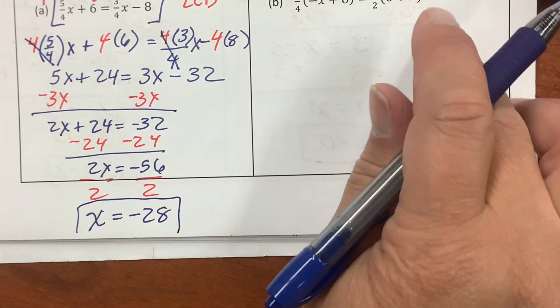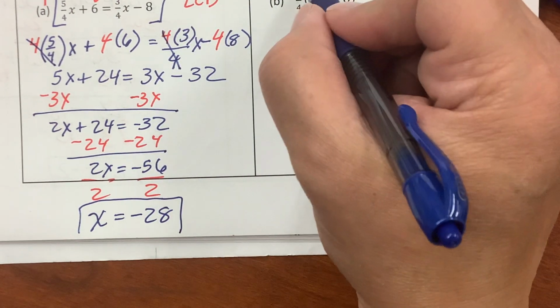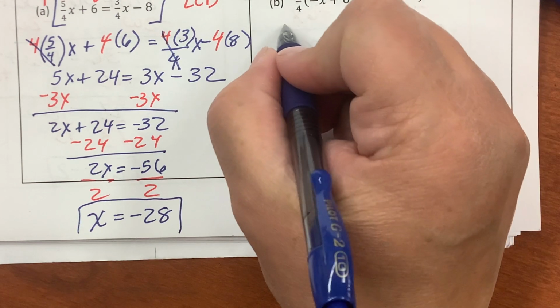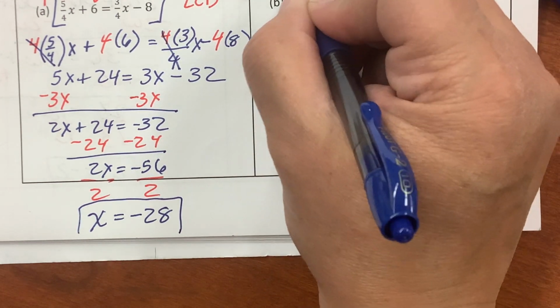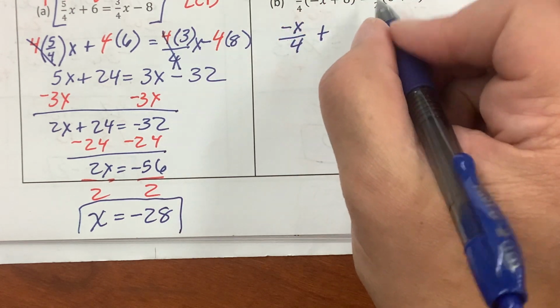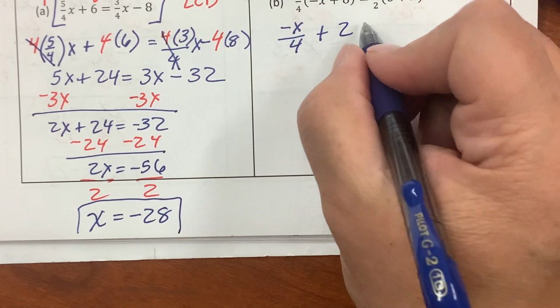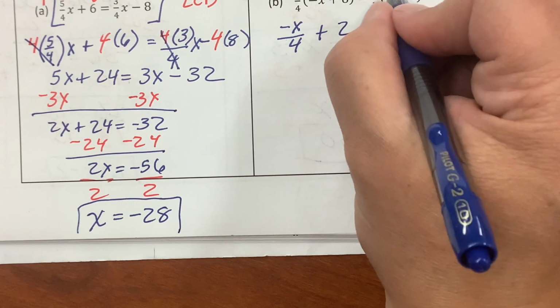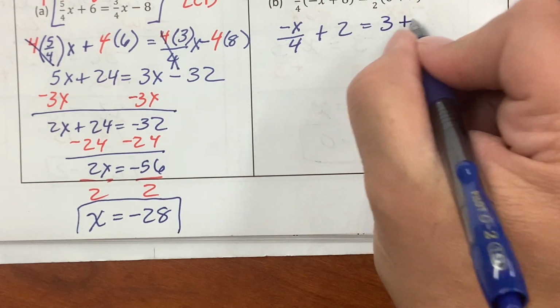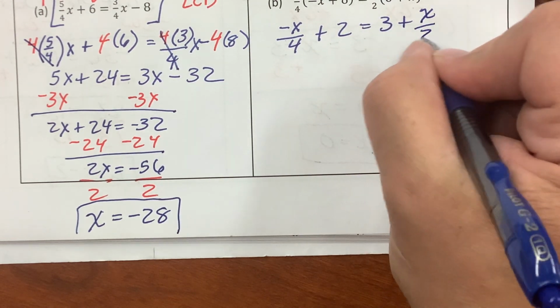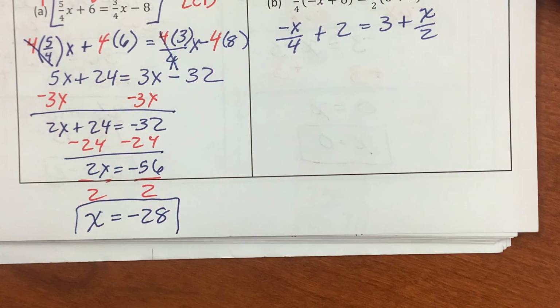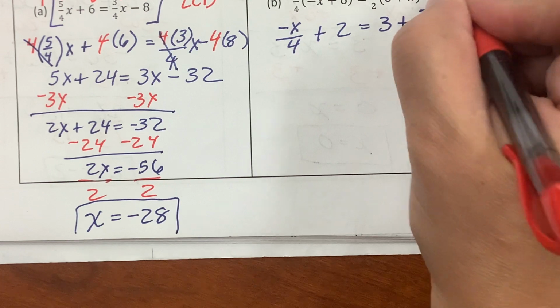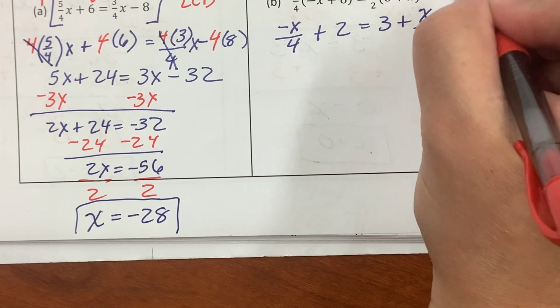All right, all of this, distribute first. 1/4 times negative x over 4 plus 1/4 times 8. 1/4 of 8 is 2. You can do that on a calculator. Half of 6 is 3 plus x over 2. All right, the LCD of 4 and 2 is 4.